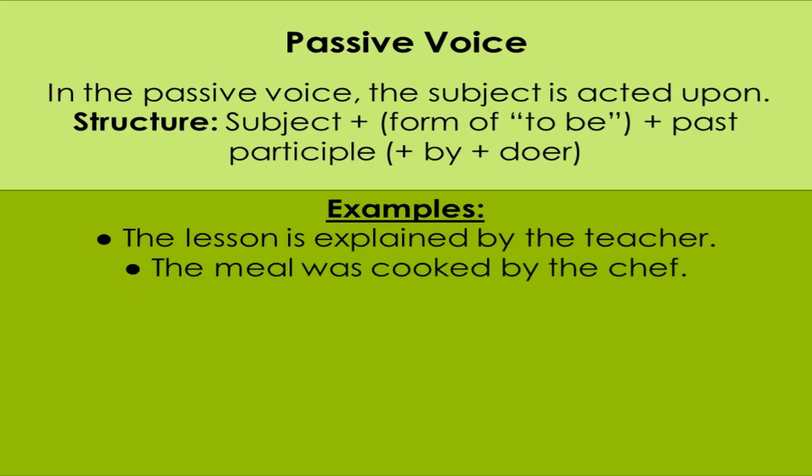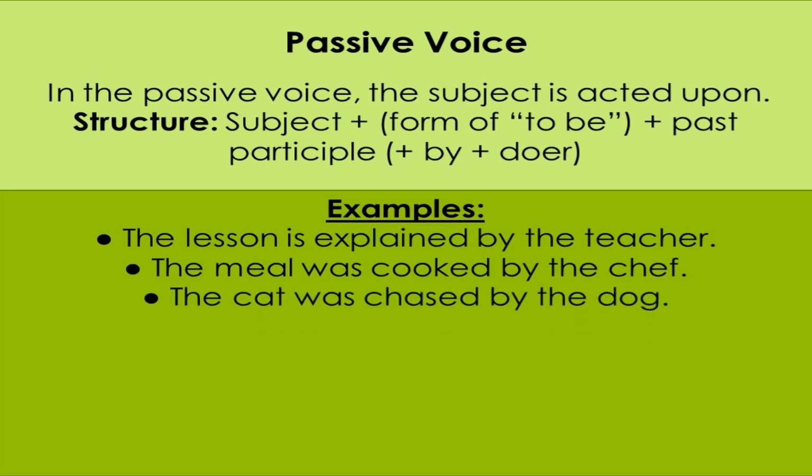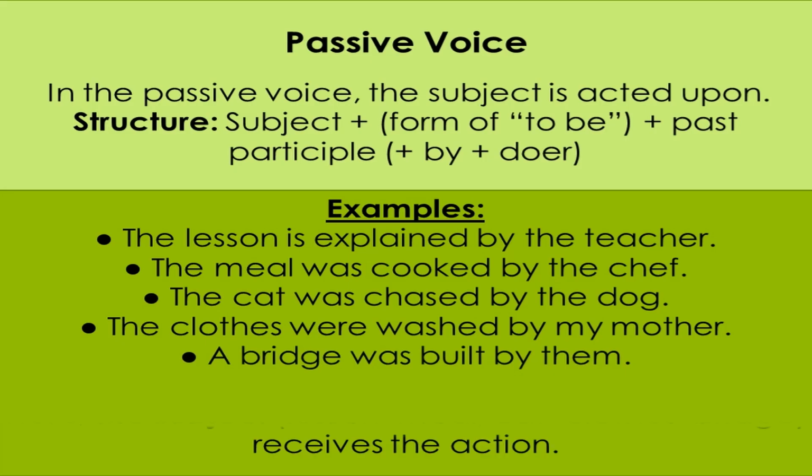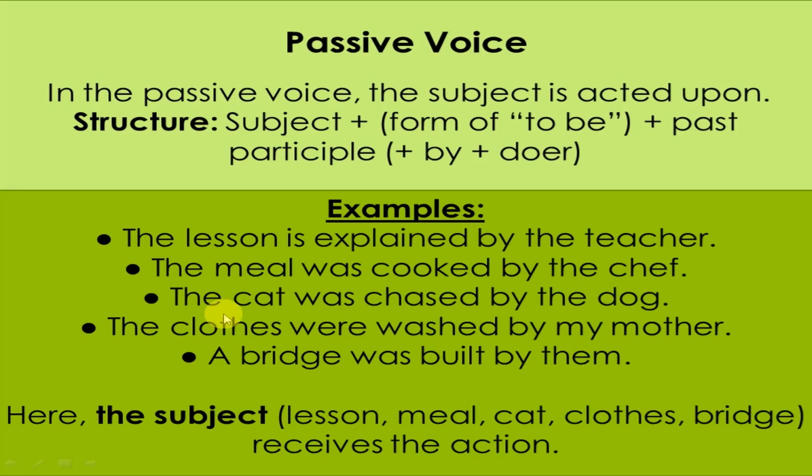The meal was cooked by the chef. The cat was chased by the dog. The clothes were washed by my mother. A bridge was built by them. Here, the subjects, lesson, meal, cat, clothes, bridge, receive the action.